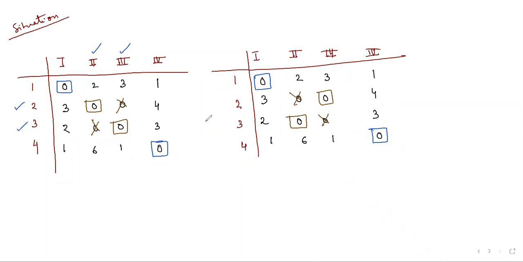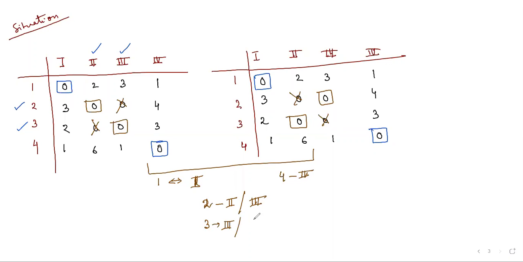If this type of scenario happens, you will find that in both cases, 1 goes to 1, 4 goes to 4, but 2 can be assigned 2 or 3, and 3 can be assigned 3 or 2.